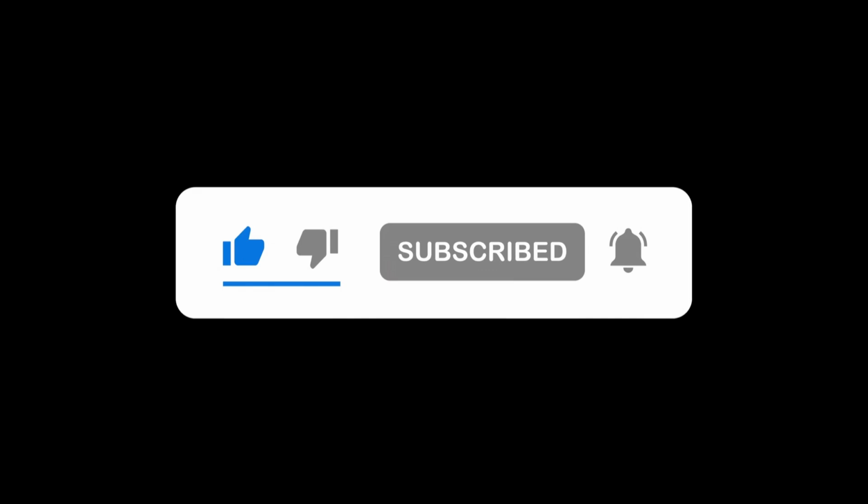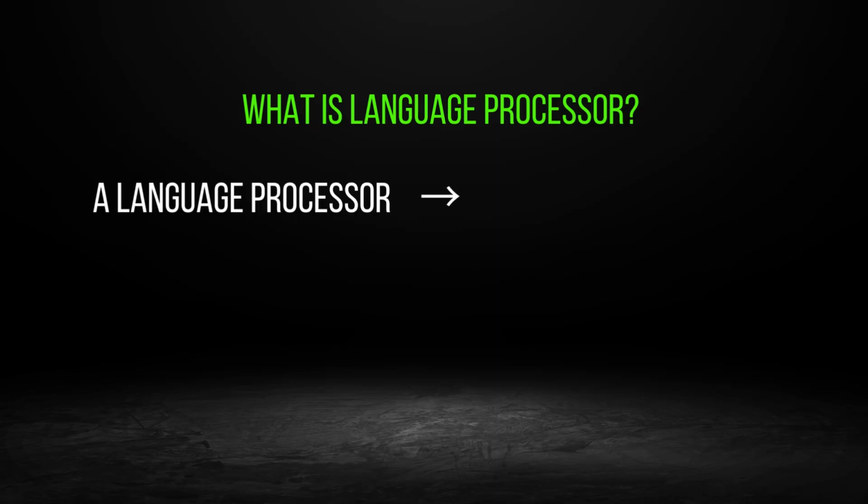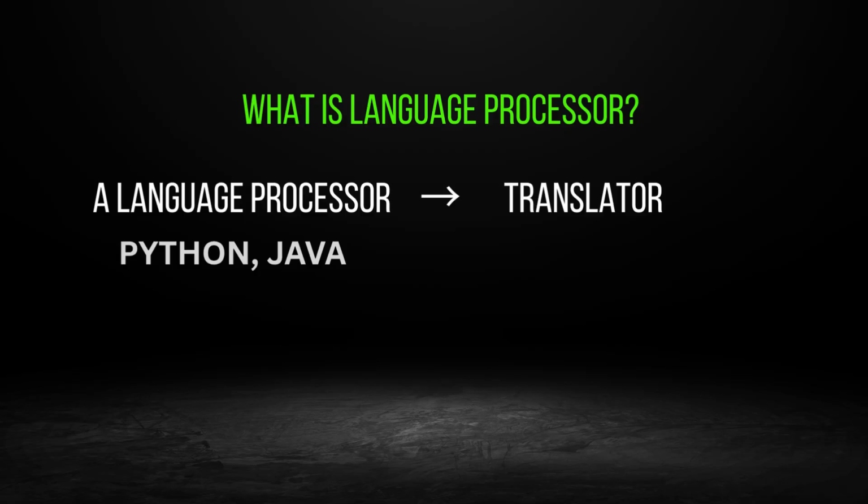Alright, let's begin. What is a language processor? A language processor is like a translator. We write in a high-level language like Python or Java, but the computer only understands binary.